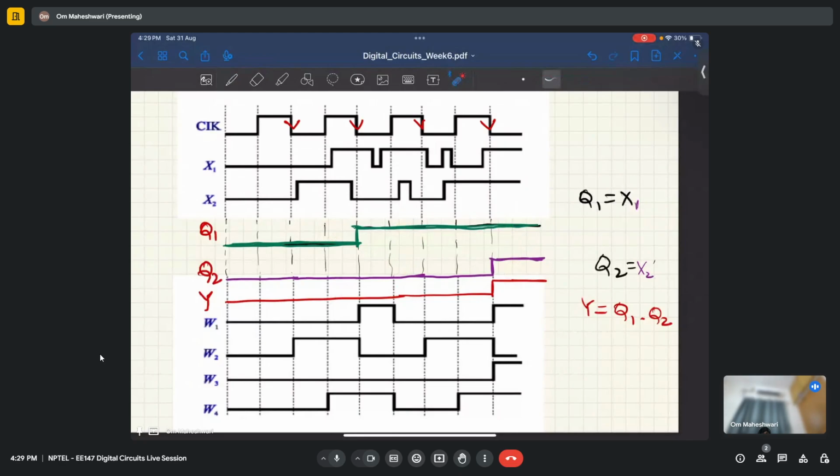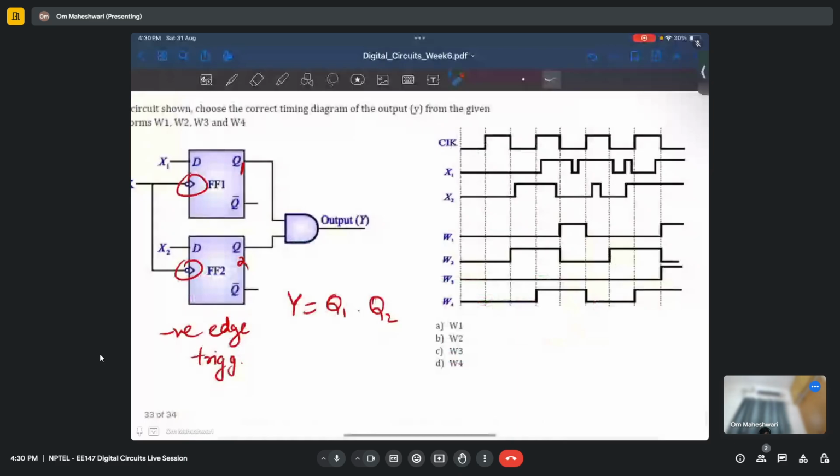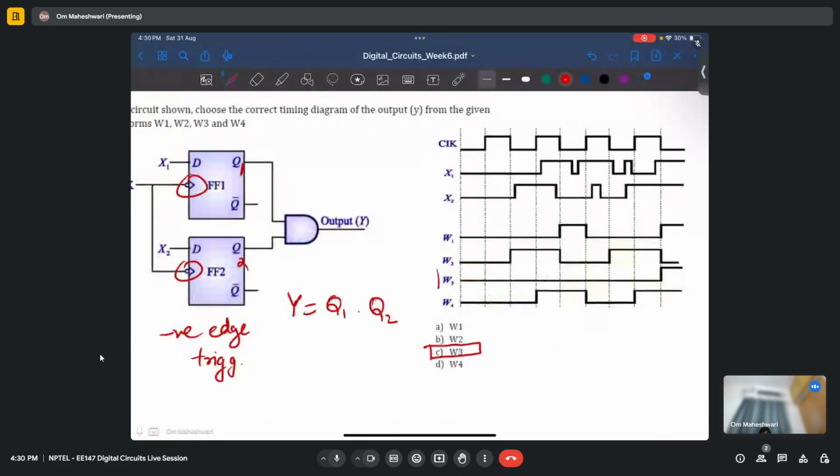So this is your Y. Change in the last negative cycle. So this is same as W3. So the answer is W3. So W3 is the correct representation of Y.